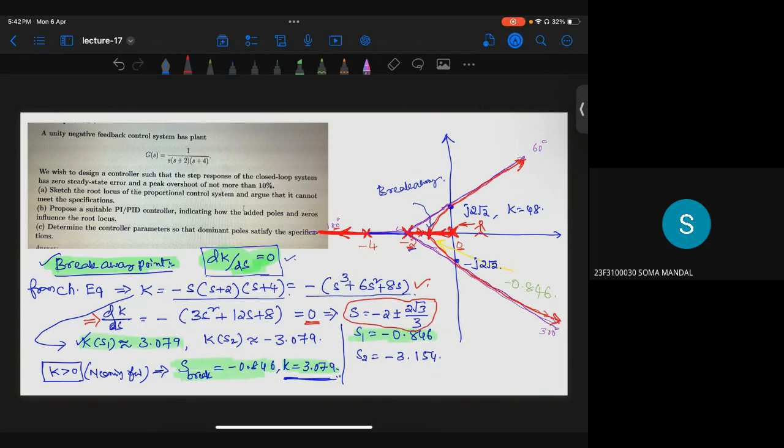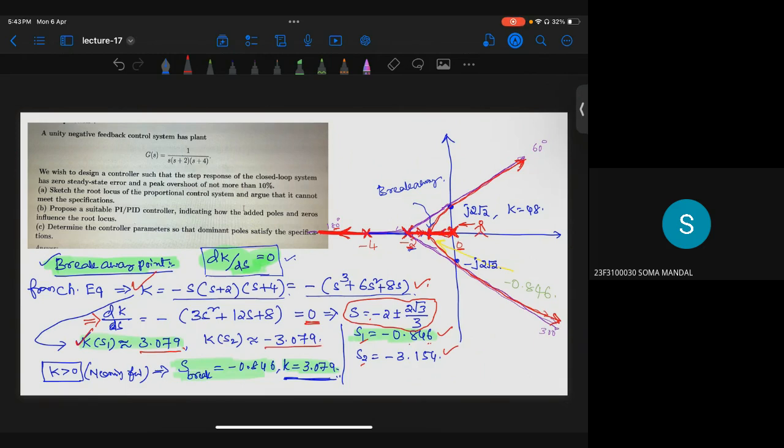This gives two values, one plus and one minus. So s1 and s2 are minus 0.846 and minus 3.154. Now substitute these s1 and s2 in this expression again. One you will get is 3.079, another you will get is minus 3.079.